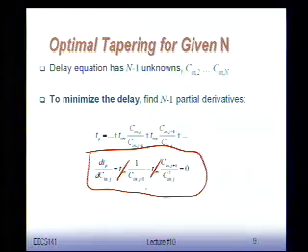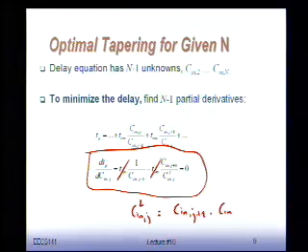So you have the previous input gate capacitance, you have the input of the next gate, and you have C in squared. If I rewrite this, I can say that C in J squared is equal to C in J plus 1 times C in J minus 1. And that's just the same expression.